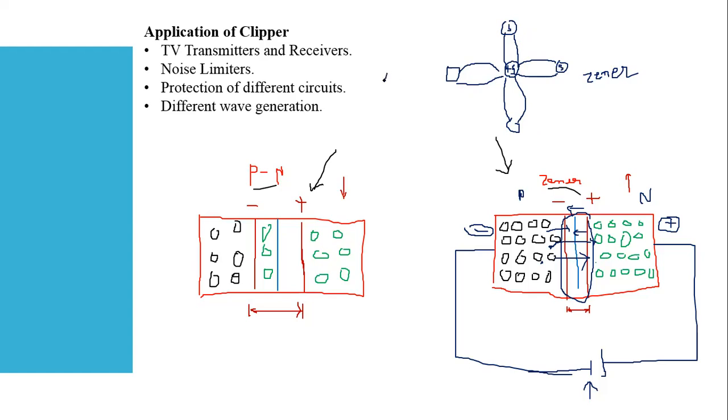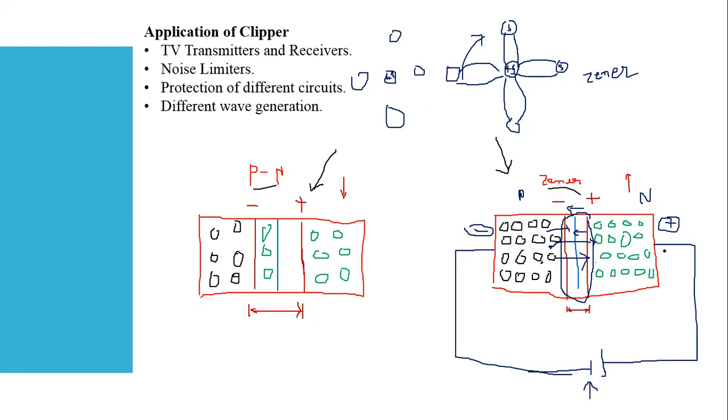Similarly, if you draw +3, then the free electron of this atom is already occupied over here and it is making the covalent bond. But due to the field intensity, these electrons are getting out. Due to the increasing field intensity, these electrons become free and are going to flow.